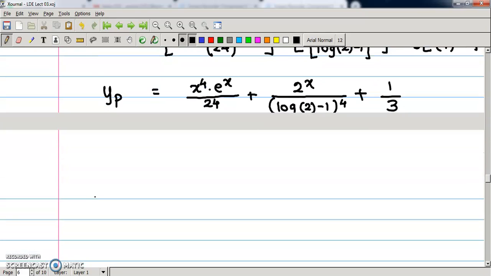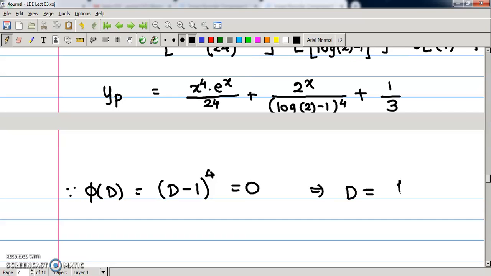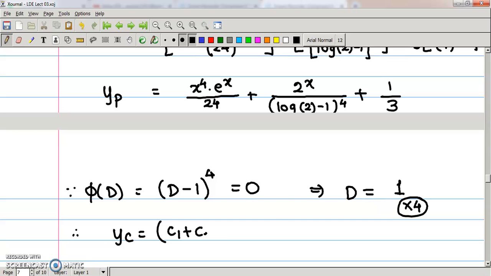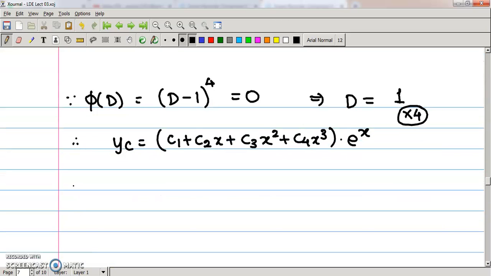Now to find the complementary function, since phi(D) = (D - 1)^4 equated to 0, we have D equal to 1, and this root is repeated 4 times. Therefore, the complementary function will be, since the real root is repeated 4 times, a linear combination with 4 arbitrary constants in increasing powers of x, (c1 + c2 x + c3 x^2 + c4 x^3) e^x. Now the complementary function as well as the particular integral are known.